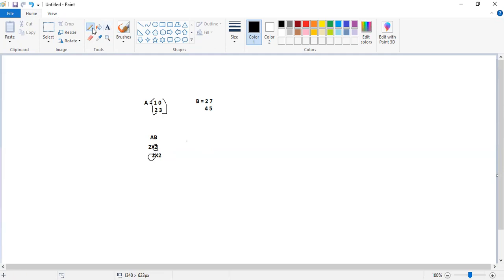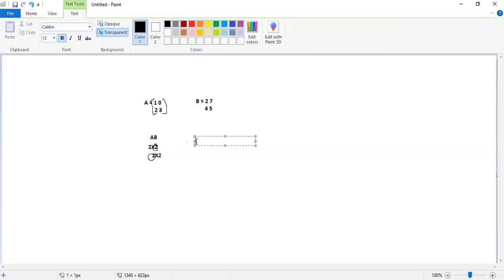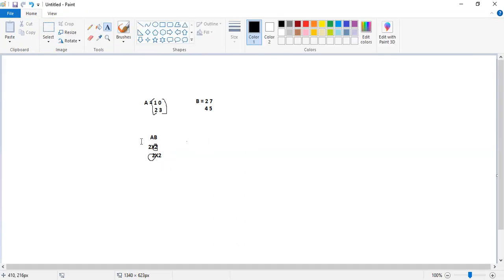Whenever we are multiplying two matrices, and they satisfy this condition, the resultant matrix should contain the leftover dimensions of A and the leftover of B. The leftover of A is 2, that's the rows of A, so the resultant matrix will have 2 rows.